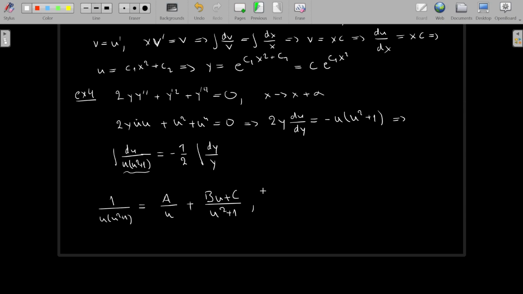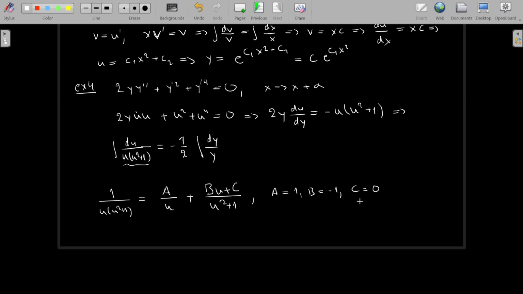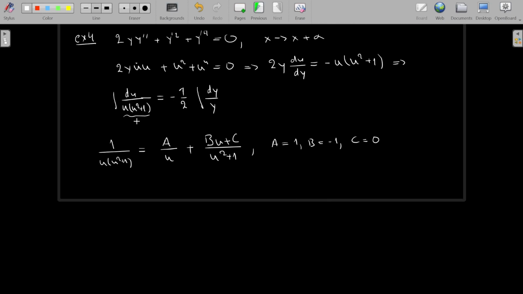And if you solve this equation, you're going to get that a is equal to 1, b is equal to minus 1, and c is equal to 0. Meaning that this integral can be rewritten as 1 over u, minus, because this is minus, u over u squared plus 1.